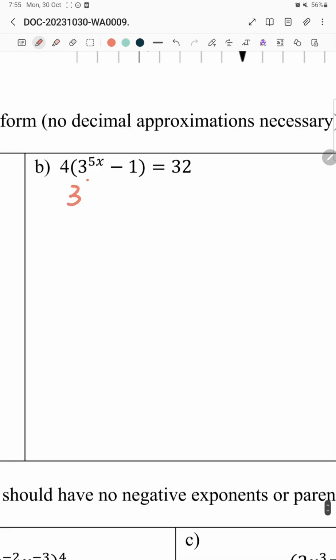Here it is 3, 5x minus 1, which is equal to 32 by 4. Okay.